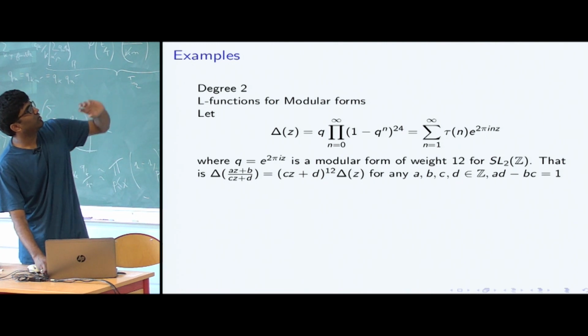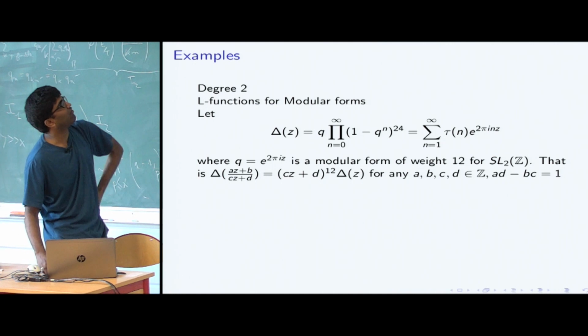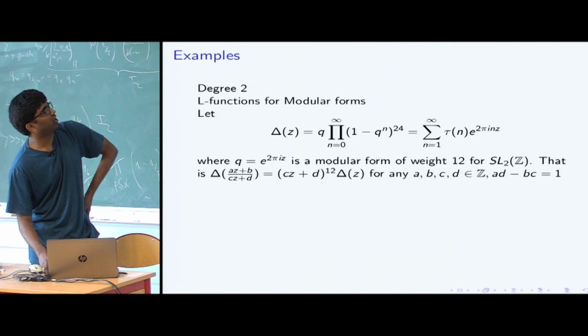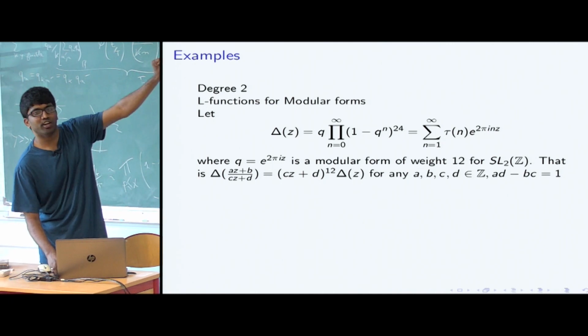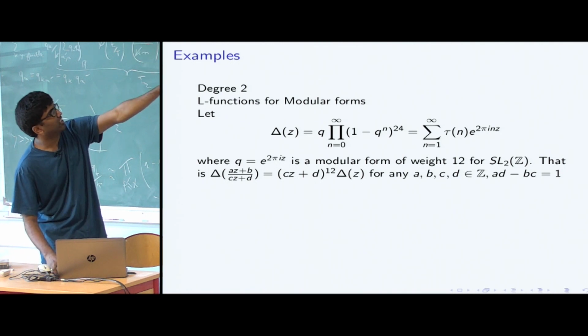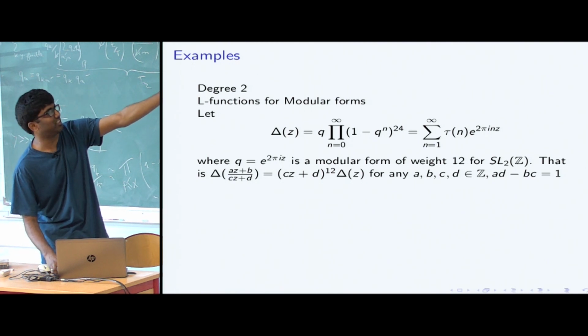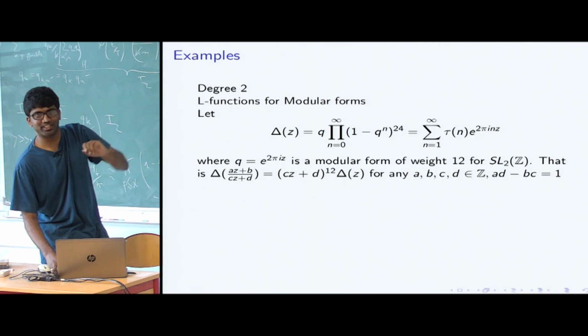The first example is L-functions for modular forms. Here, delta(z) is a function on the upper half plane, which has this Fourier expansion, sum of tau(n) e^(2 pi i n z), and it satisfies these relations: delta((az+b)/(cz+d)) equals (cz+d)^12 delta(z).